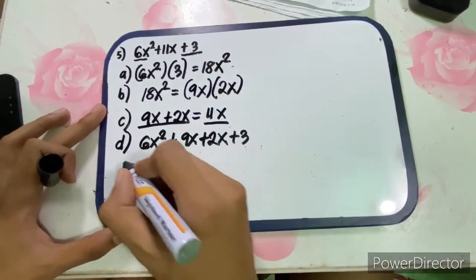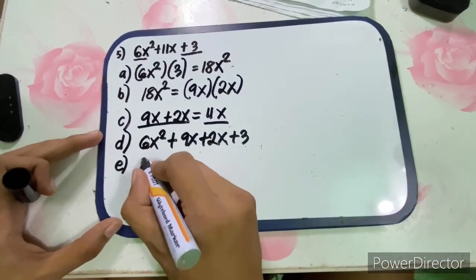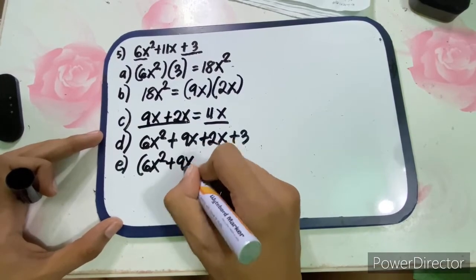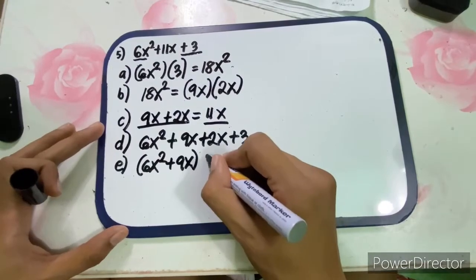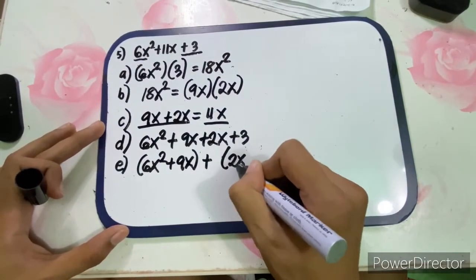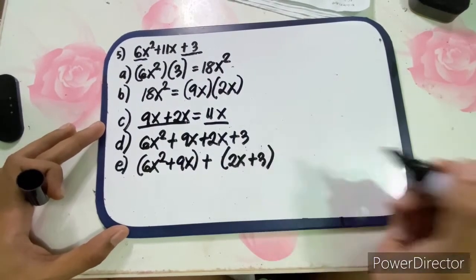For your letter E, you will group. I will group here 6x squared plus 9x, so you have to draw a parenthesis. We have here also 2x plus 3.